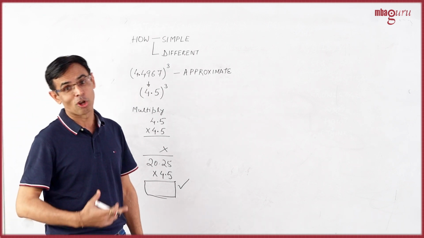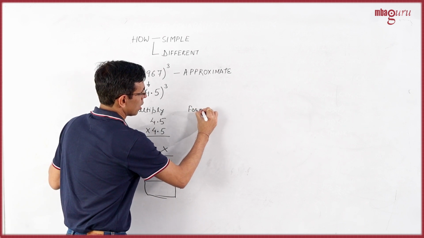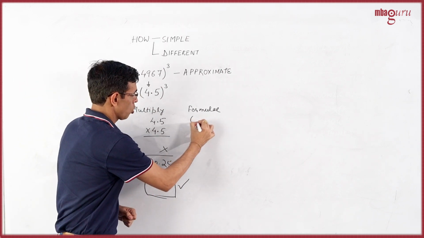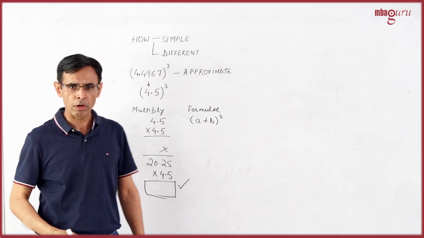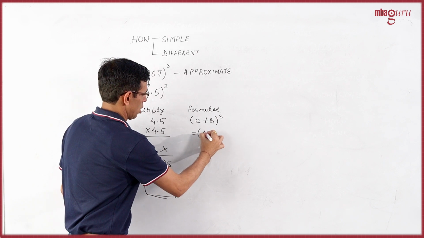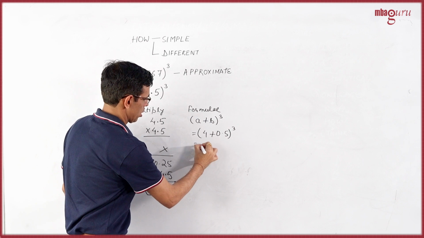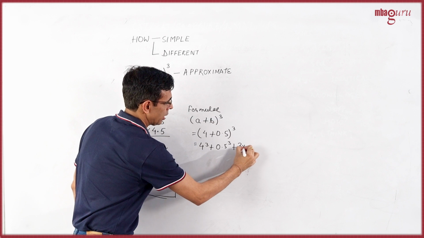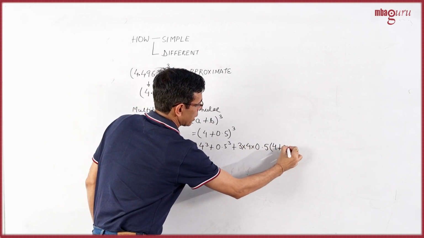If you are an engineer or a math background student, you might be tempted to use some formulae here. So you could look at it and go, let's apply the a plus b cube formula. That's another way of looking at it. So you could go, okay, a is 4, b is 0.5. So we could look at it like a cube plus b cube plus 3ab into a plus b.